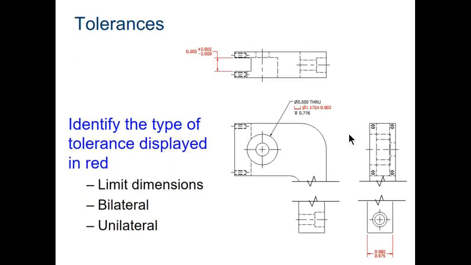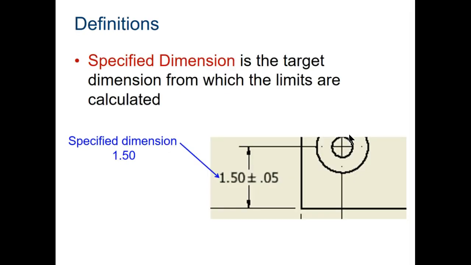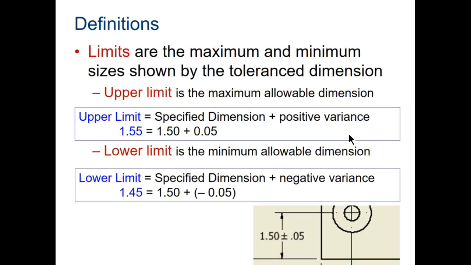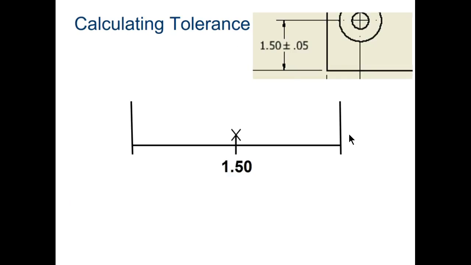And then there's an exercise on here about identifying the kind of limits that are applied. So there we have unilateral, here we have bilateral, and here we have limit. This is the specified dimension. This is what Inventor will default to when you put the measurement in. What this says is it can be plus or minus 0.05, which means we have an upper limit of 1.55 and a lower limit of 1.45.